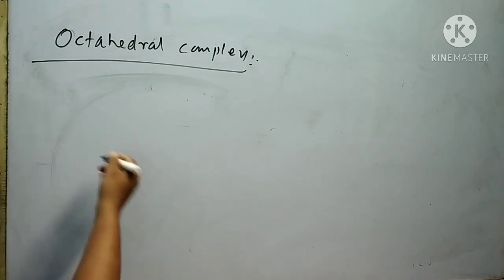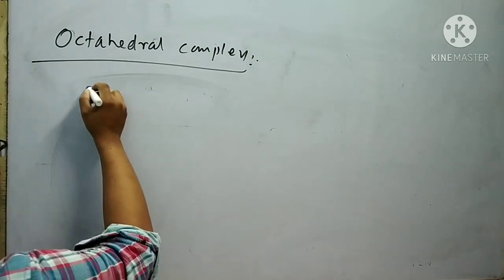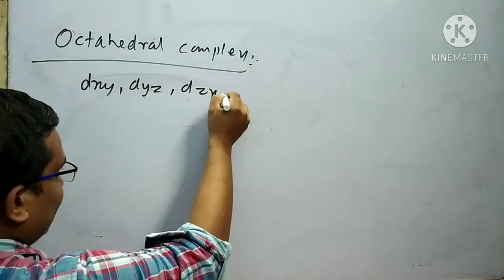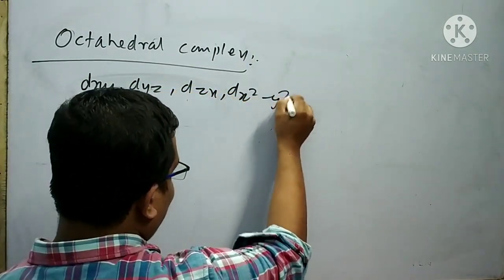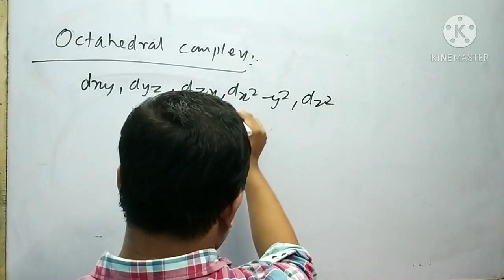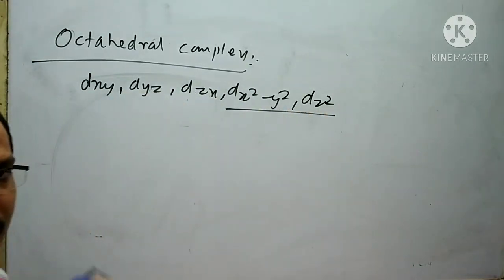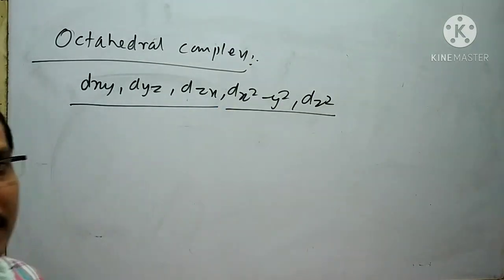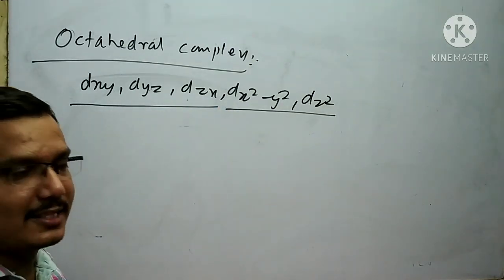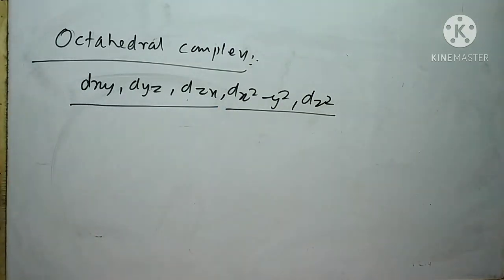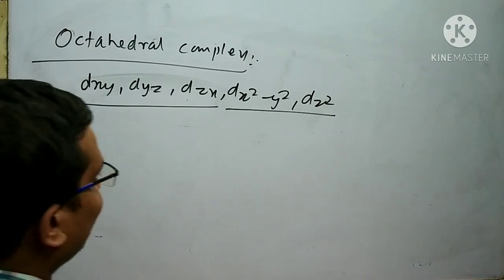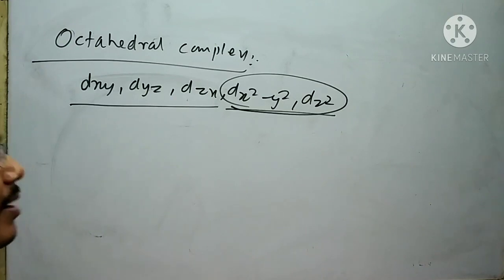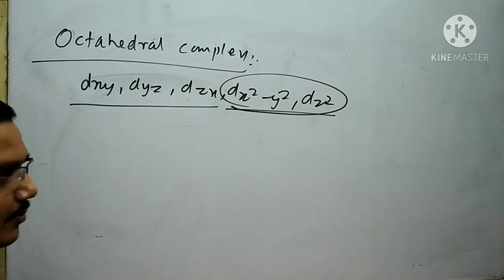There are 5 d orbitals: dxy, dyz, dzx, dx²-y², dz². These 2 orbitals lie along the axis and these 3 orbitals are present in between the axis. So for the formation of the octahedral complex, these 2 orbitals feel more repulsion by the ligand.